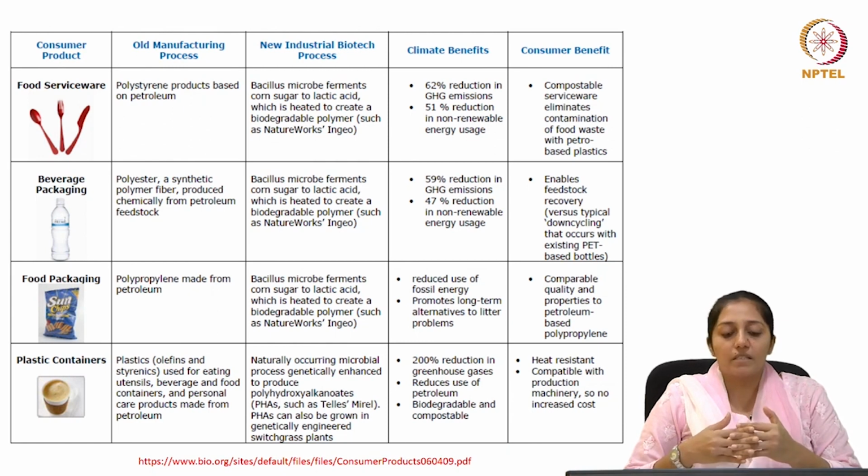So Bacillus, for example, is a microbe which can ferment corn sugar to lactic acid, which is heated to create the biodegradable polymer. Polylactic acid is one of the key polymers used in the packaging industry, and has use in food serviceware making or food packaging. So it can replace the conventional plastic.